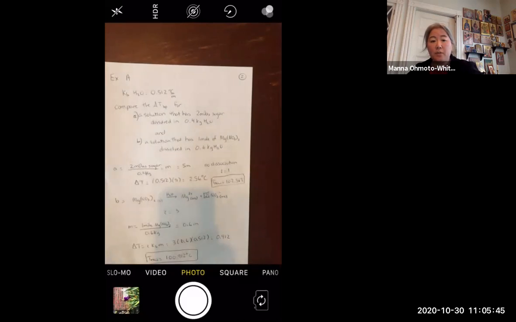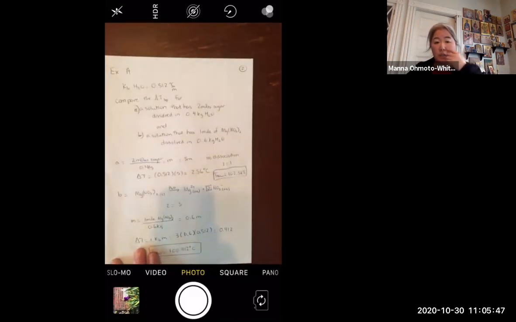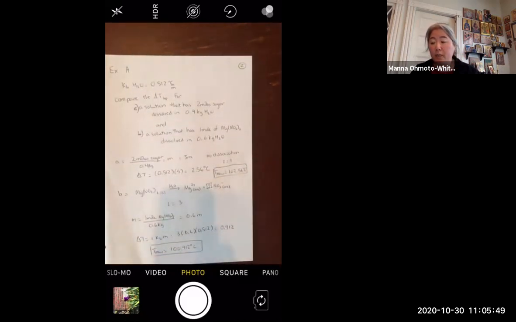So the first example is just looking at boiling point elevation. I have the boiling point elevation change for a solution that has sugar dissolved in water versus the same amount of magnesium nitrate, or actually less amount, in more water. The 2 moles of sugar is not an ionic compound, it's a polar compound. When I have 2 moles of sugar, I will end up with 2 moles of sugar dissolved.